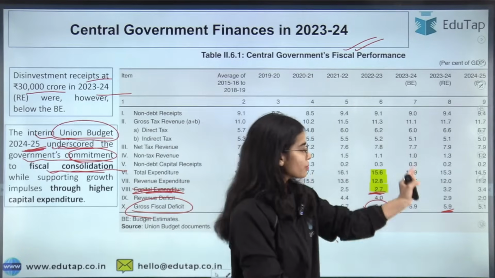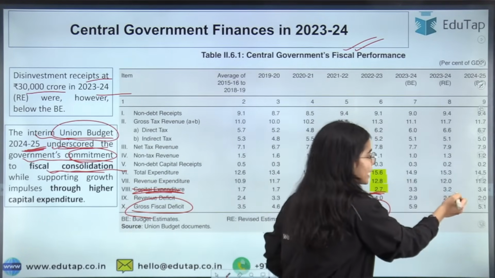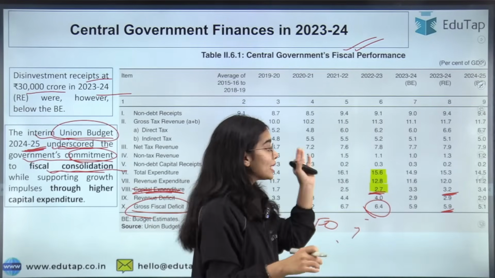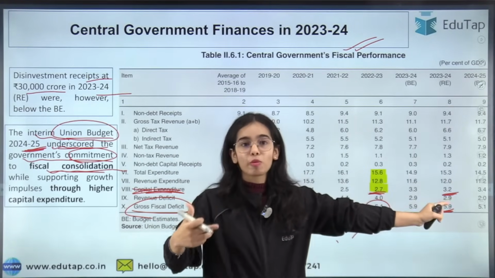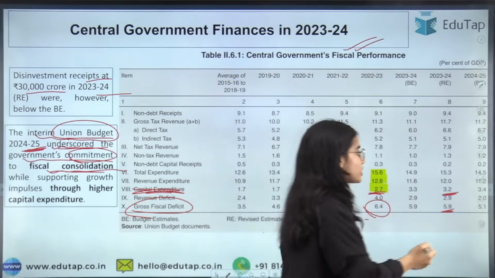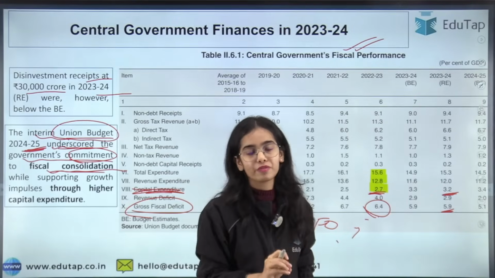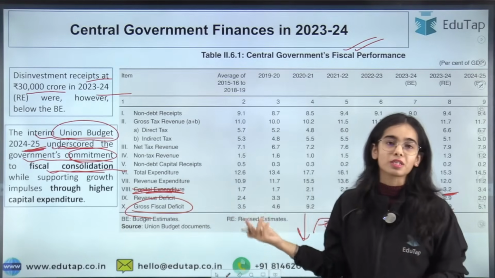In the budget estimates and the revised estimates, you can see that it was higher than 2.7% in 2023-24, even higher. So the government has promised to do even higher capital expenditure, that is 3.4% of the GDP in 2024-25. So this is the budget estimates as per the interim budget.